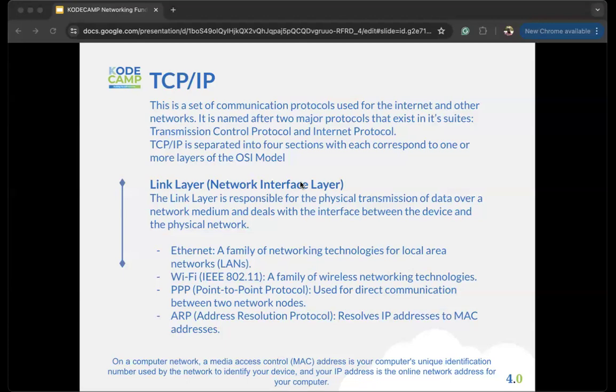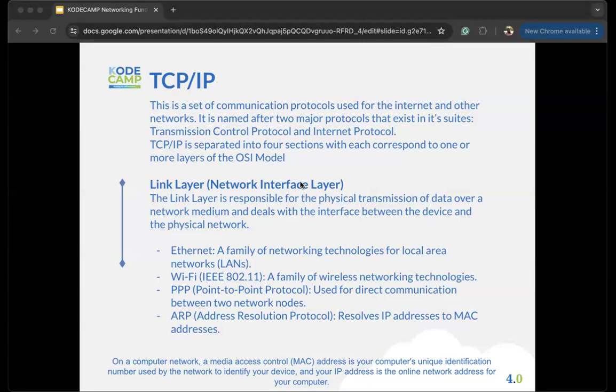So speaking to the TCP/IP model of network communication specifically, it's a set of protocols that are used by the internet and other networks, maybe your personal private virtual network that you work with, or your local area network.